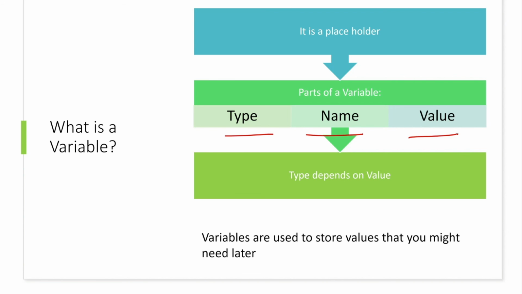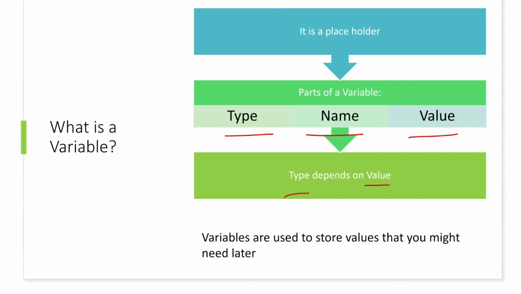The value is the actual thing that you're storing inside of it, and the name is whatever you want to call your information. And the type depends on the value, because whatever you want to store inside of the variable will be the value, and the type of that would be the type.